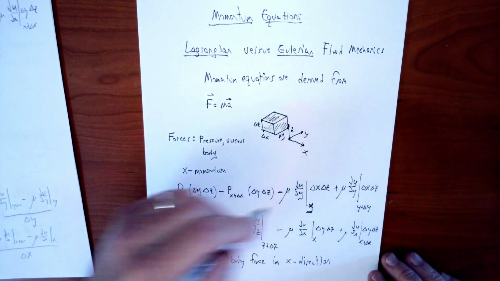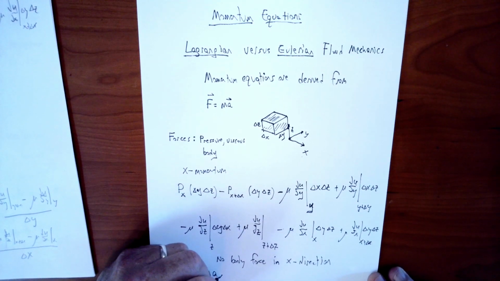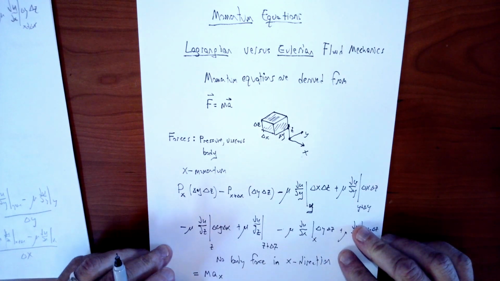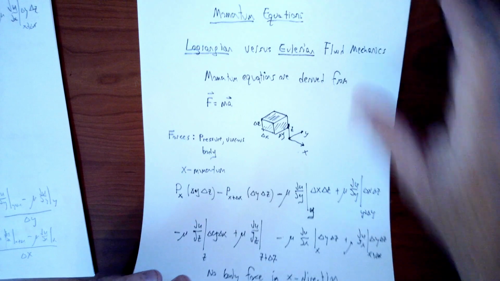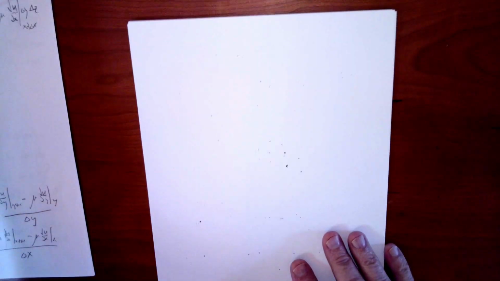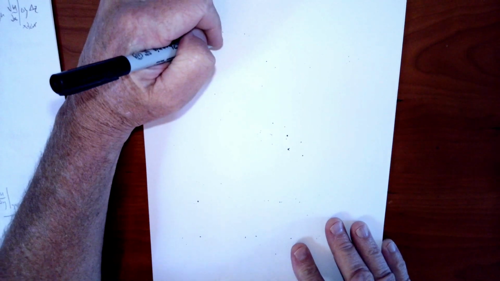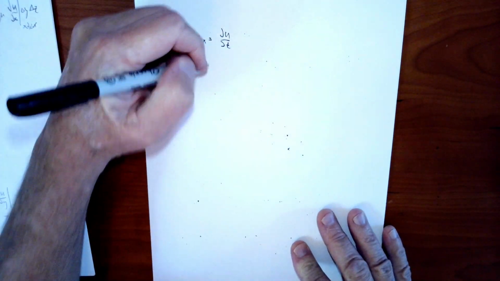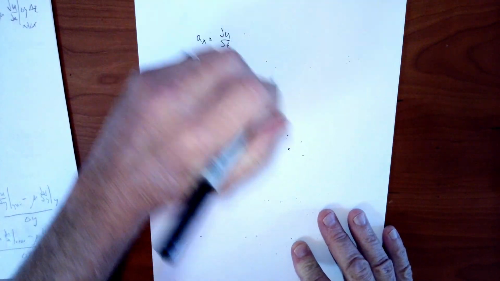So we're going to set all these forces equal to m and then the acceleration in x, right? So that's going to be max. We know that max can be rewritten because we want to put things in terms of velocities. So the x acceleration can be rewritten as du dt. And we know how to calculate mass. We've done this before as well using variables we like in fluids.